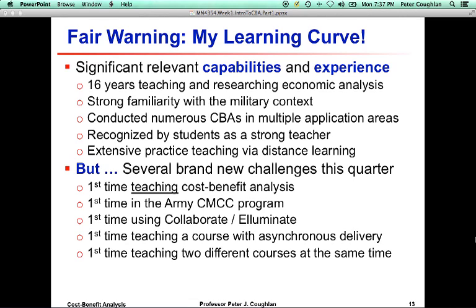Now that said, I've taught the strategy course pretty much every year of my entire 16-year career as a professor. So that is not as much of a learning curve, and I'm able to put a little more attention, certainly to this course as opposed to that one. But there are going to be some challenges in terms of time availability because I'm doing that.